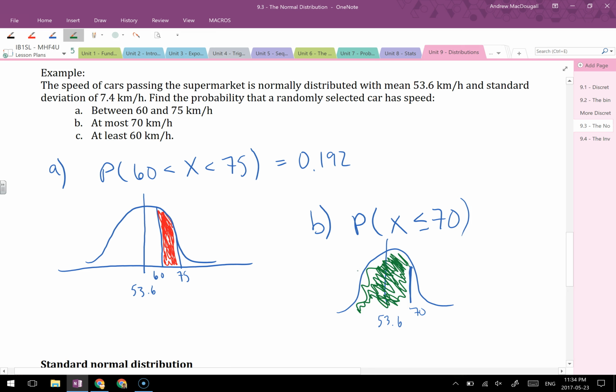Let me take a moment to plug that into my calculator. Here, my lower bound is something really negative, so I'm going to put in negative 10 million. Upper bound 70. We get 0.987.